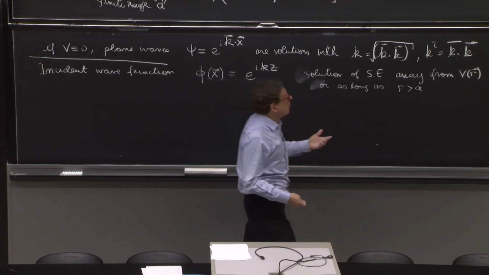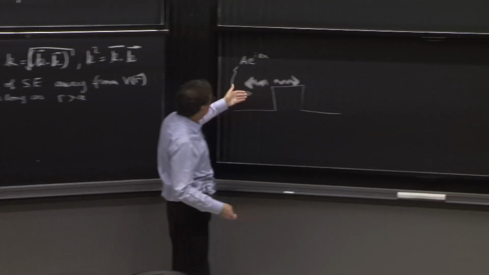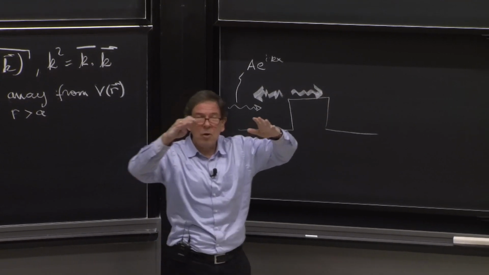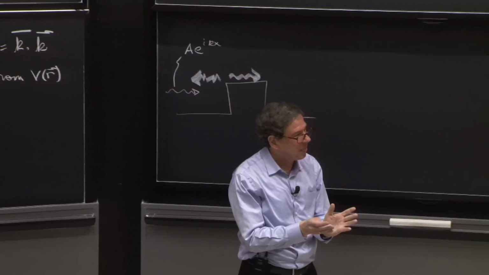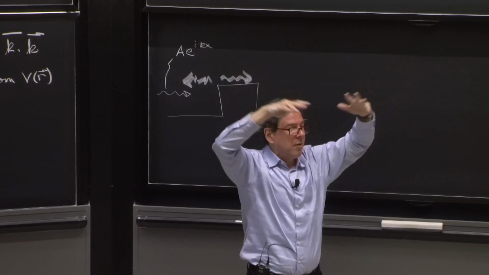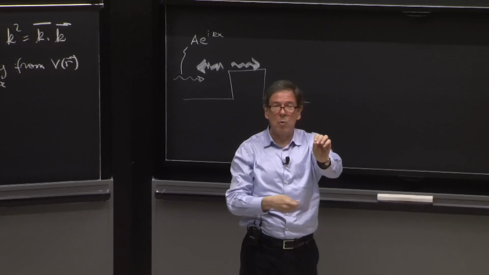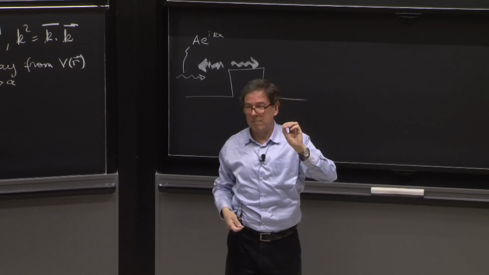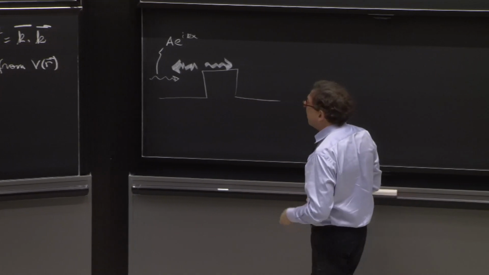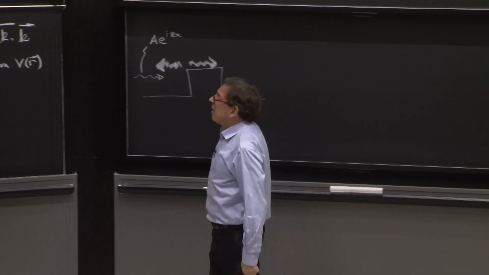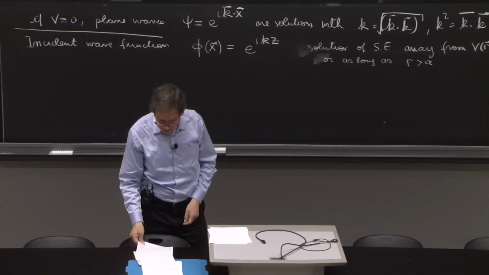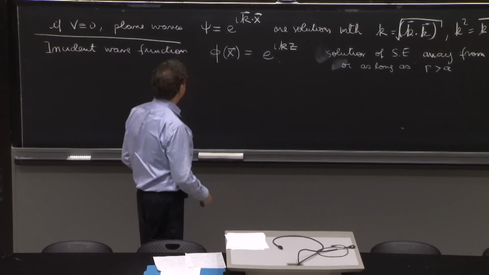In the one-dimensional case there were outgoing waves, reflected and transmitted. The outgoing wave in the three-dimensional scattering problem should be some sort of spherical wave moving away from r equals 0, which is the origin.